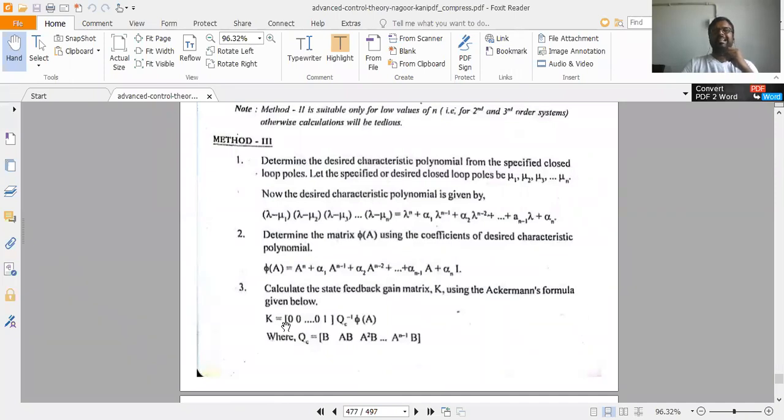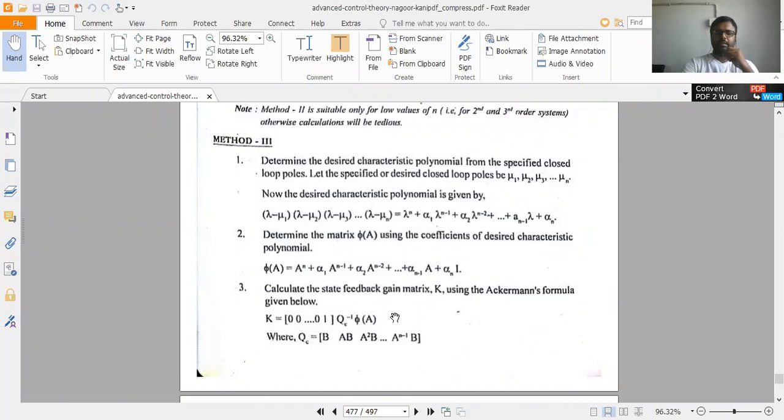That means we have to calculate the inverse of the controllability matrix and multiply it with the matrix obtained in the second point. That means K is equal to 0, 0, 0, and so on up to 1, into QC inverse into phi of A. Where QC is nothing but the controllability matrix, which consists of the elements B, AB, A square B, and so on up to A power n minus 1 into B.